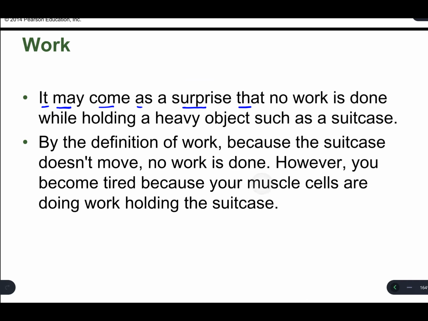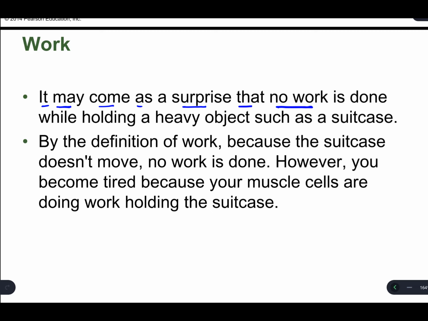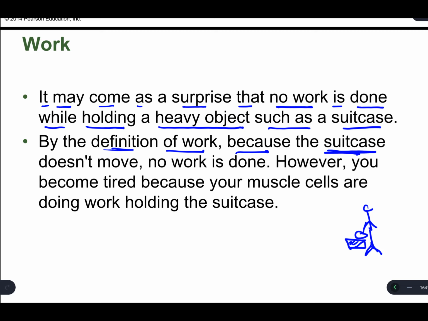It may come as a surprise that no work is done while holding a heavy object such as a suitcase. Imagine that you are standing here and holding a suitcase. You are not doing work. By the definition, work equals 0 because the suitcase doesn't move.